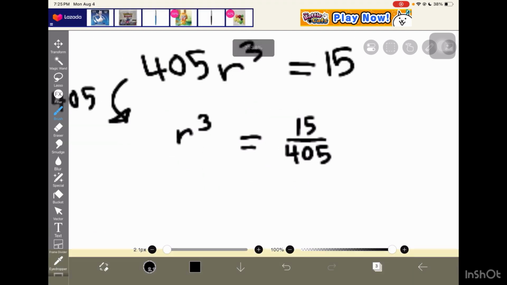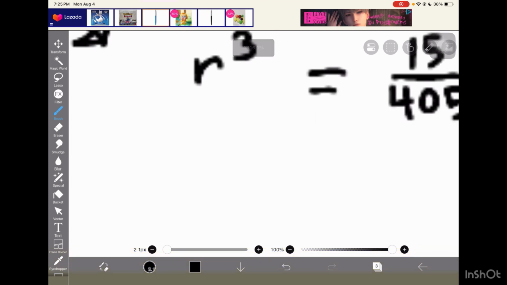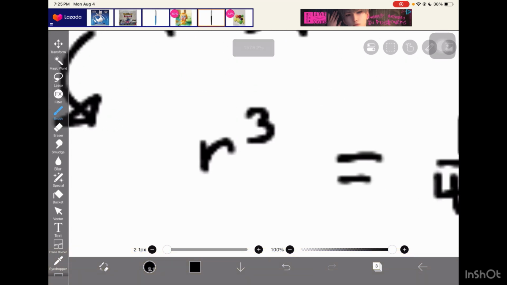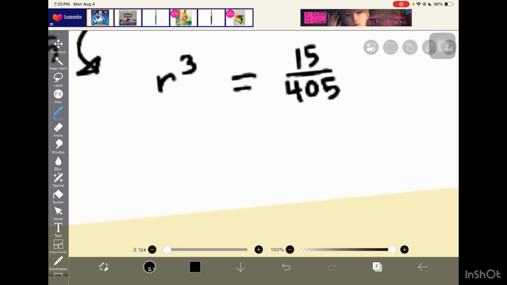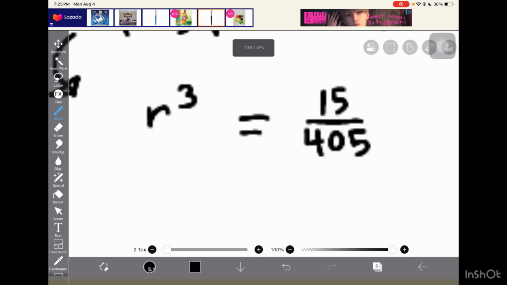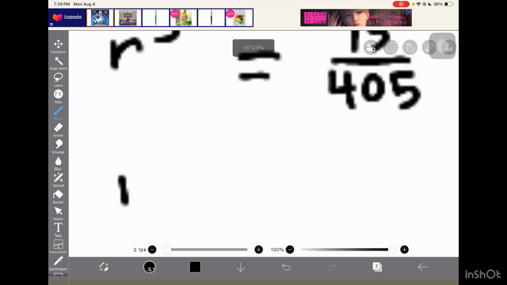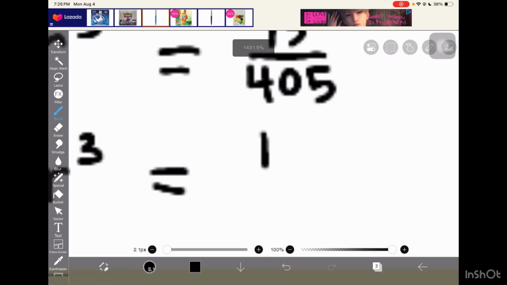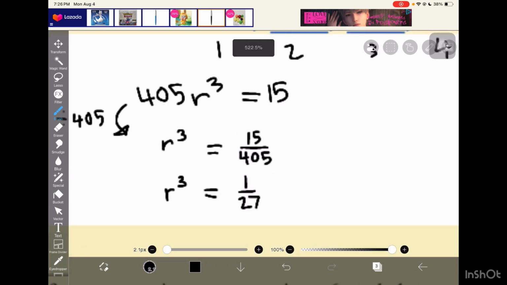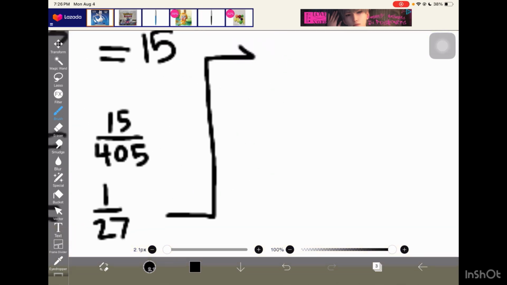But once again, we don't want r cubed, we just want r. So put it in your calculator. If you can do fraction notation, that would be good. All right, so this simplifies to 1 over 27.